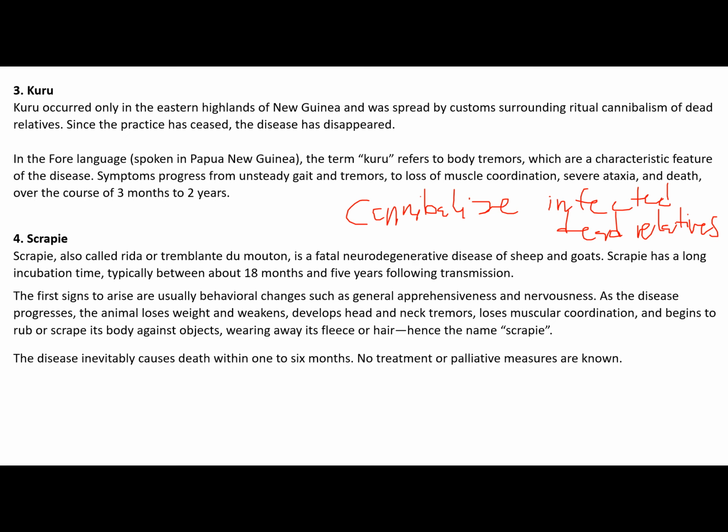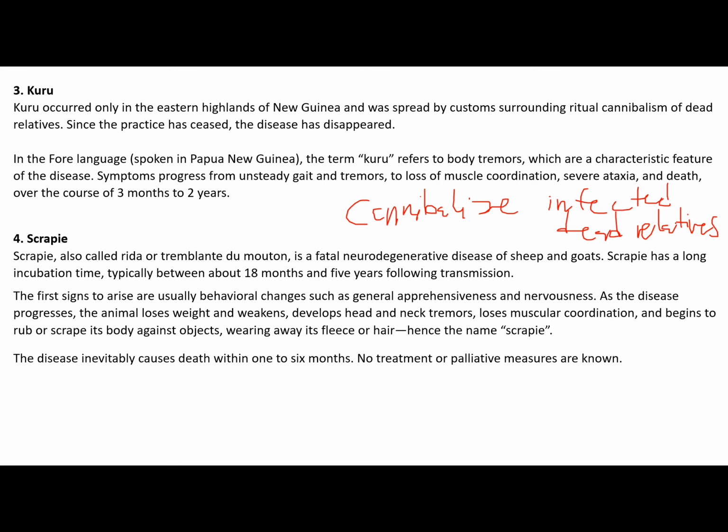The first signs to arise are usually behavioral changes such as general apprehensiveness and nervousness. As the disease progresses, the animal loses weight and weakens. It would develop head and neck tremors, lose muscular coordination, and begin to rub or scrape its body against objects, wearing its fleece or hair, hence the name scrapie, class.